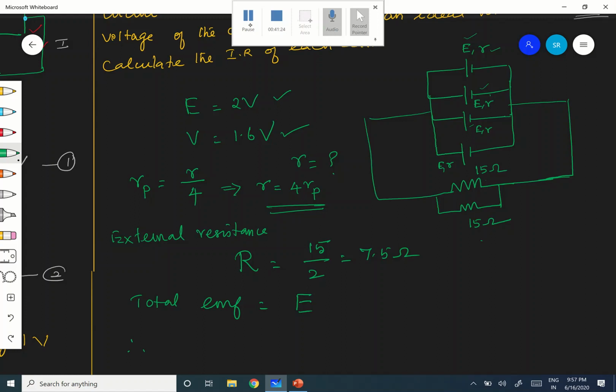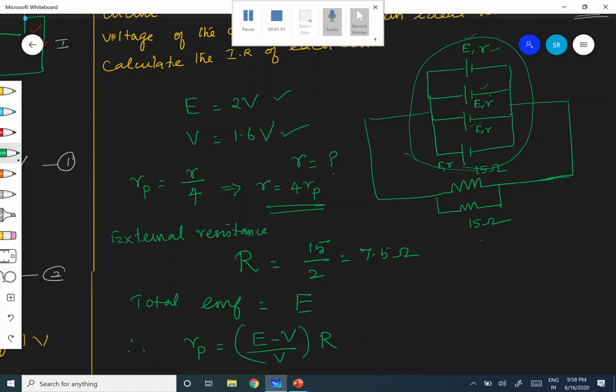Therefore, recall your internal resistance equation. Rp, the total internal resistance, everything put together, is nothing but Rp. There is a formula: Rp is equal to E minus V by V into R. Can you recall it?